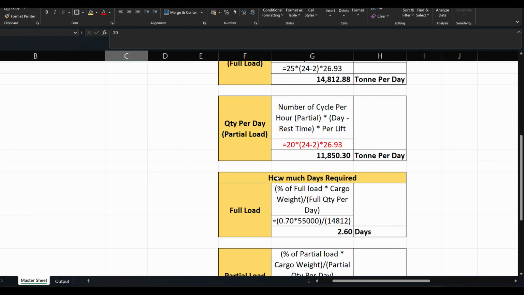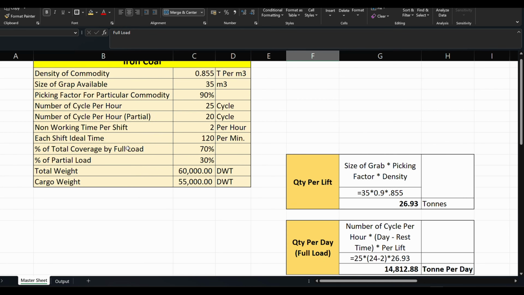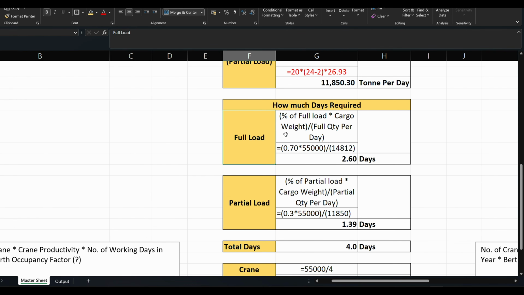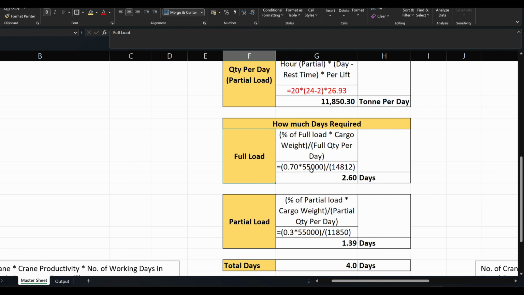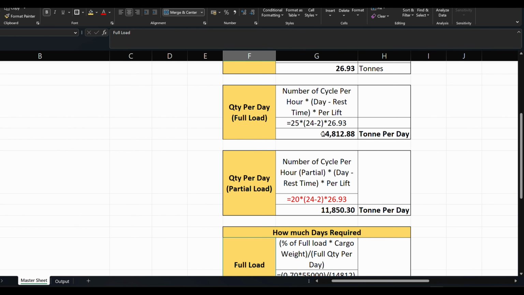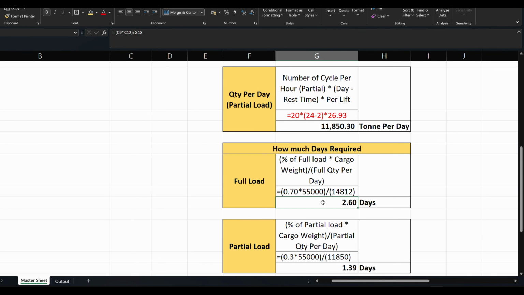Now we are converting into days. For full load, how many days are required to fill the cargo? It takes 0.70, the total coverage by full load, times the cargo weight of 55,000, divided by the full load quantity per day, 14,812.